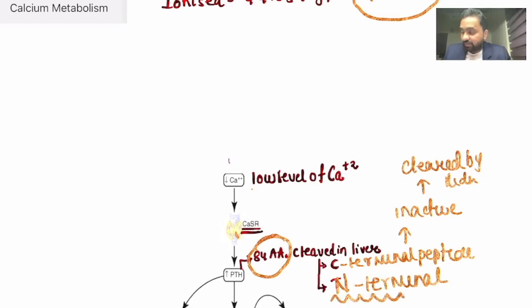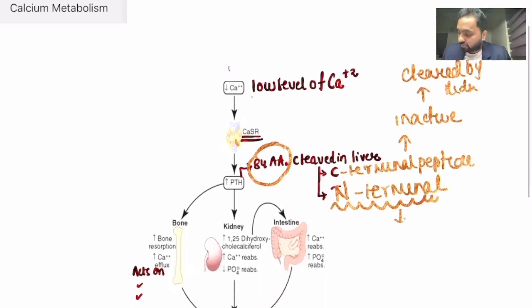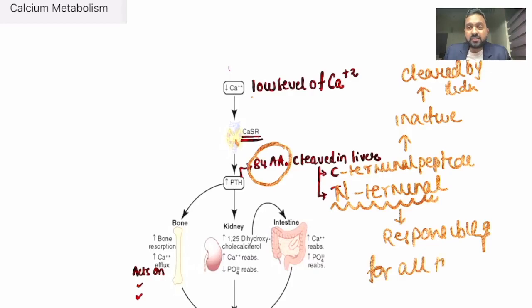This is basically responsible for all the actions. You need to remember that the parathyroid hormone has main actions at three sites: one is the bone, second is the kidney, and third is the intestine.